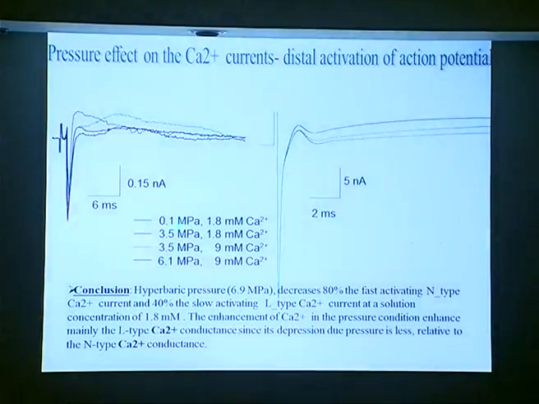Then, when the pressure was released, the effect enhanced mostly the slow activating calcium conductance, and less the fast activating calcium conductance.